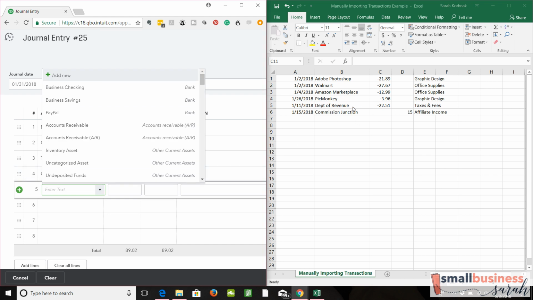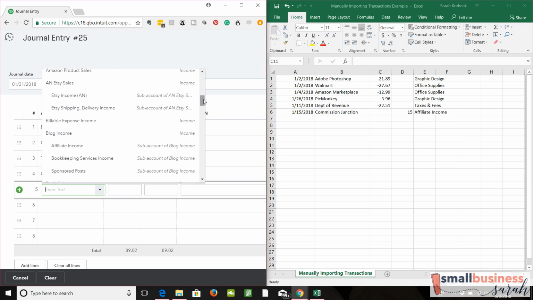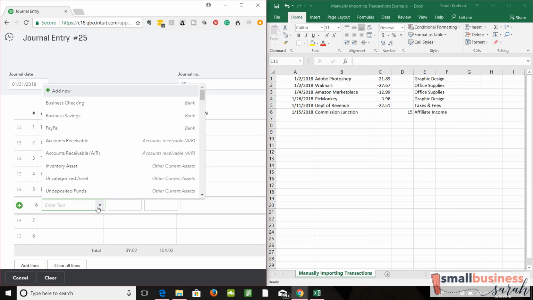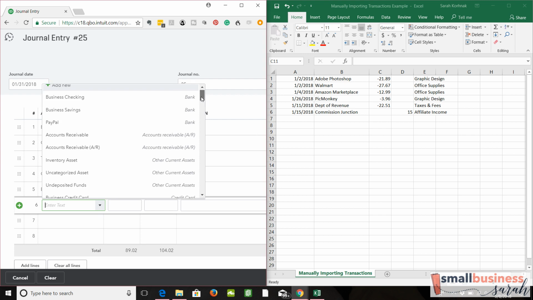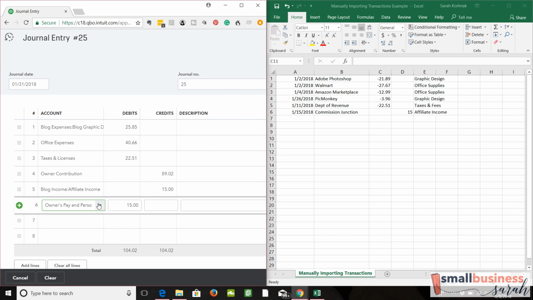So we have this revenue right here, and it's affiliate income. So let's find that. Revenues are going to be on the opposite side. They're going to be in the credit column. So we have to balance out the other side of that revenue, and that's also going to go to equity, and that's going to be owner's pay and personal expense.